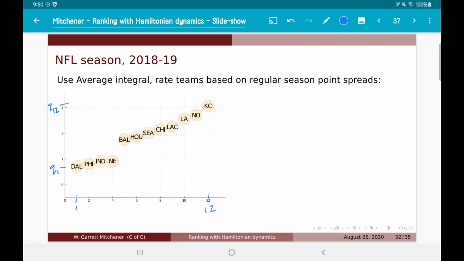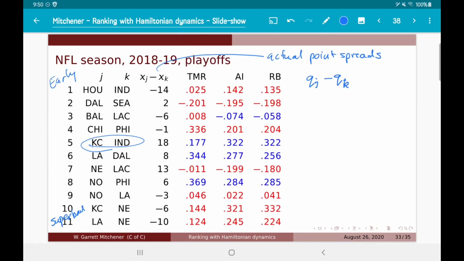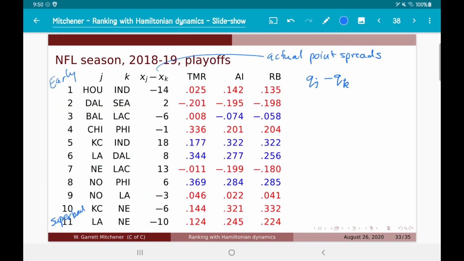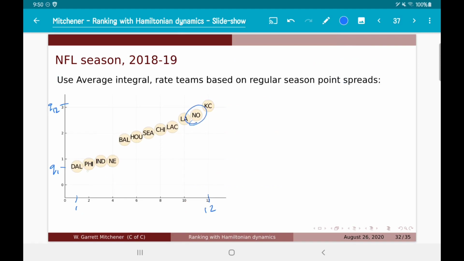And if you'll remember, Kansas City, that's this one that all the methods agreed was the strongest. This one was Los Angeles and Dallas. So here's Los Angeles and here's Dallas. So that actually worked out rather well. This one is New Orleans and Philadelphia. So here's New Orleans and here's Philadelphia.